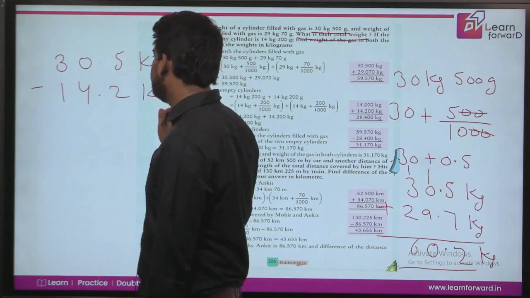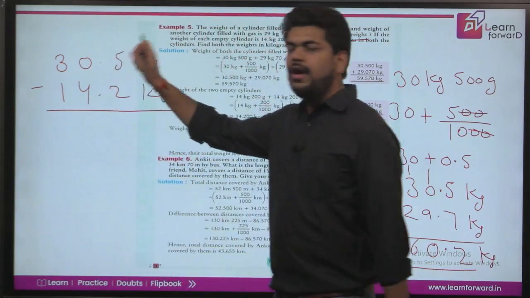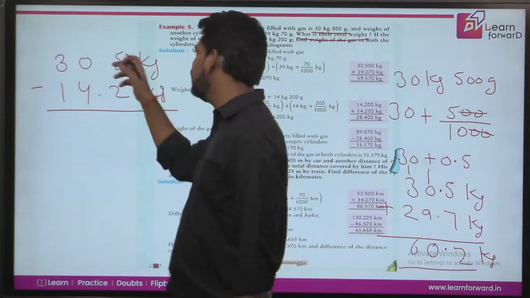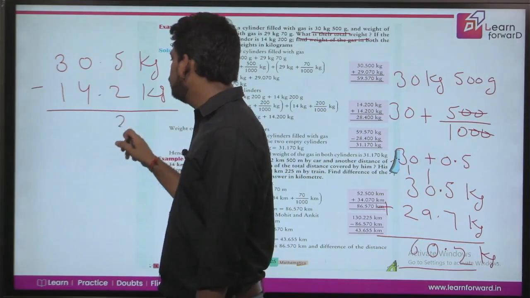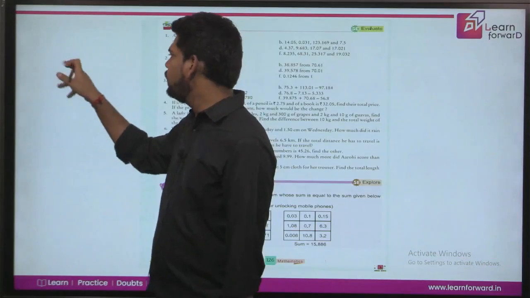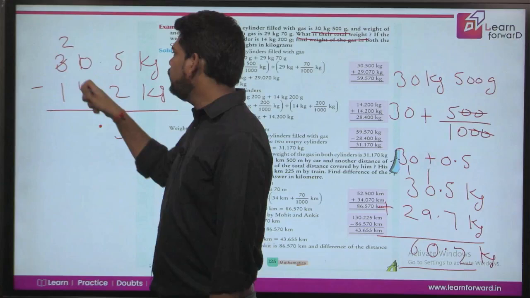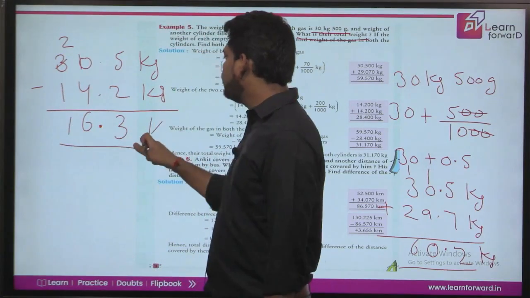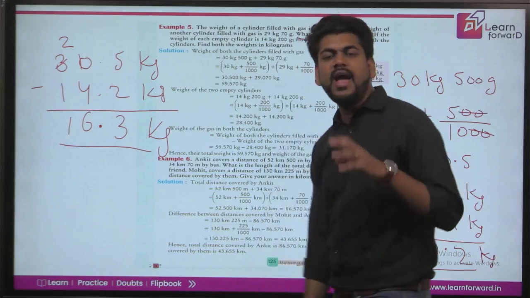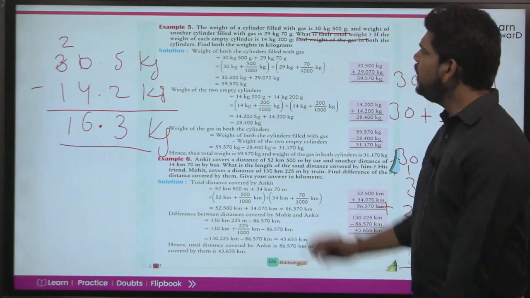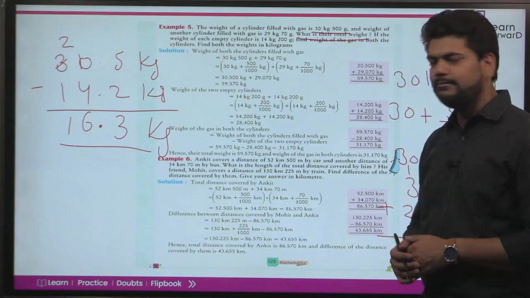This is the weight of the cylinder. Now we'll subtract them and we'll get how much gas is there in the cylinder. 5 minus 2, 3. We can't subtract 4 from 0, we'll carry. So 10 minus 4 is 6 and 2 minus 1 is 1. So in the first cylinder, what is the amount of gas we are having? 16.3 kg gas. Similarly, you will be able to find out for the other one.